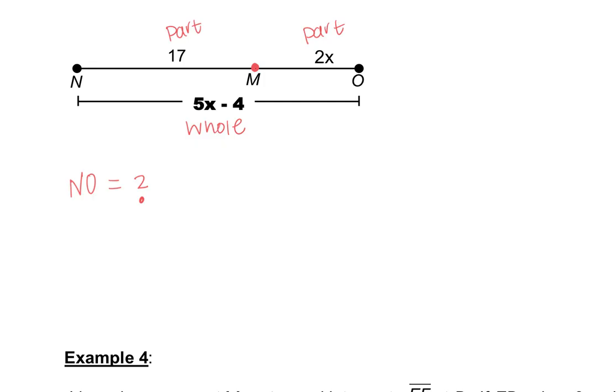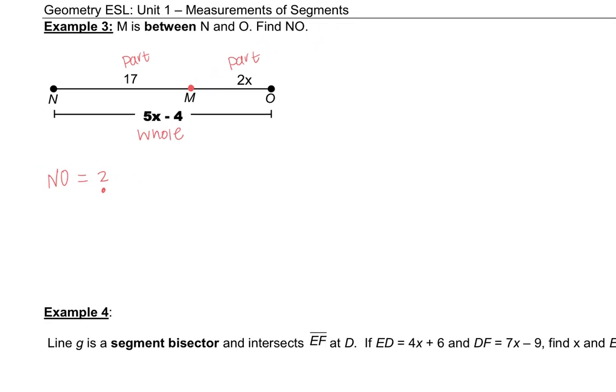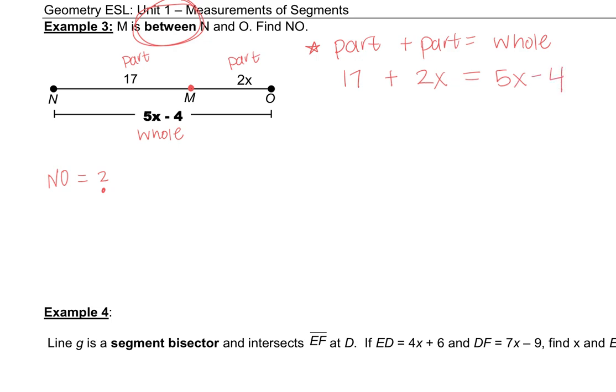So we're going to have to solve for x first. We're going to have to create an equation. So how are we going to do that? Well, because it says between, a lot of the times, it's going to be a part plus part equals a whole problem. So I know that 17 plus 2x is going to give me the whole thing, which is 5x minus 4.